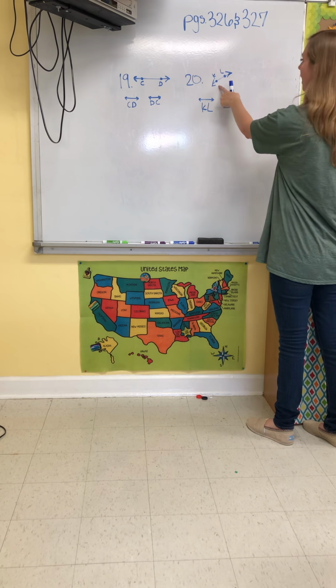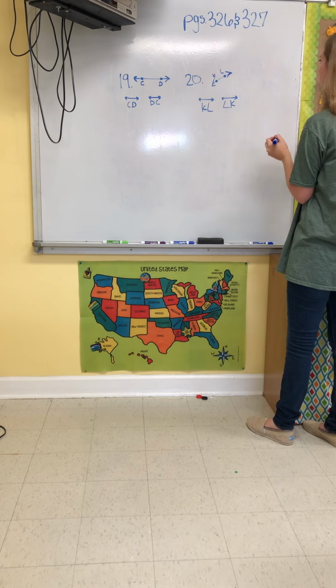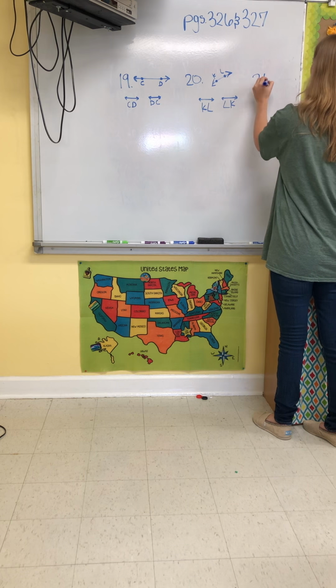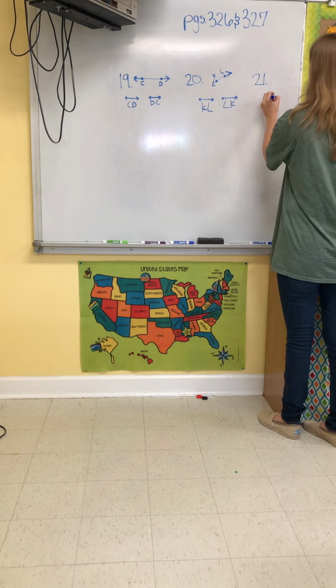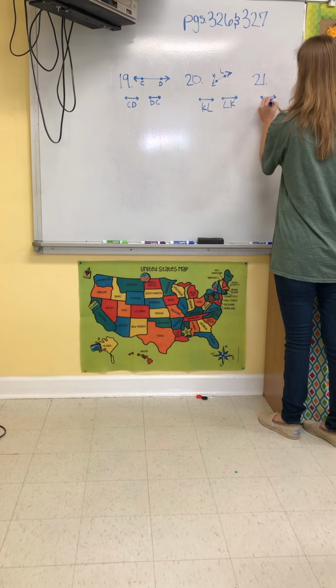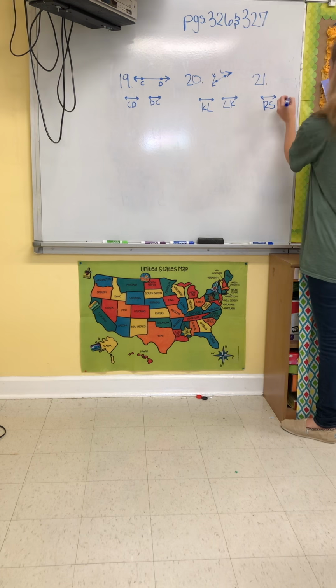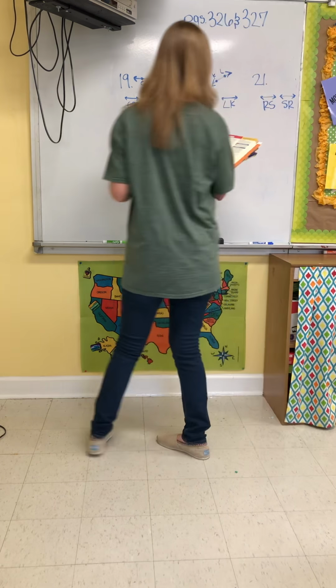So it doesn't matter how you have your letters written when you use your symbol. Okay, and then 21, it's the same thing. I'm not going to draw the line, but you would just do your little symbol, RS, and then I just switch my letters around. Let me do SR. So that's how you would do 19 through 21.